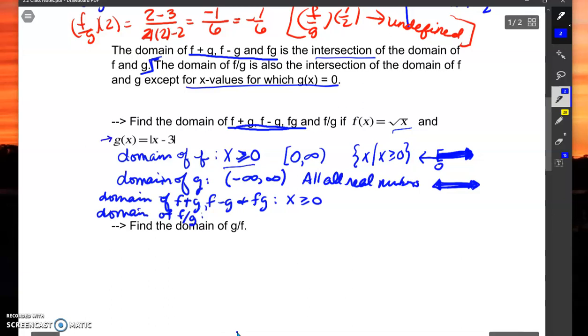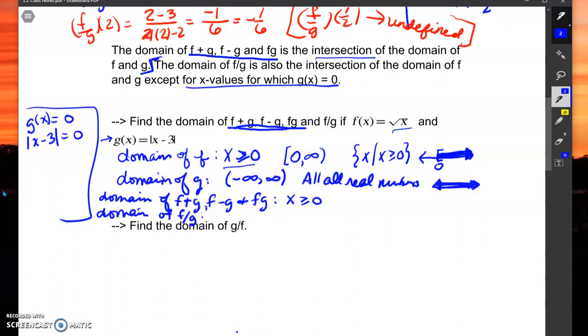So here is our g of x function. Out here to the side, let's find where g of x is equal to 0. g of x is the absolute value of x minus 3. Whenever I'm dealing with things like absolute values and square roots, I try to ignore what's inside and just think about, if I was just taking the absolute value of a number, what numbers have an absolute value that's equal to 0?